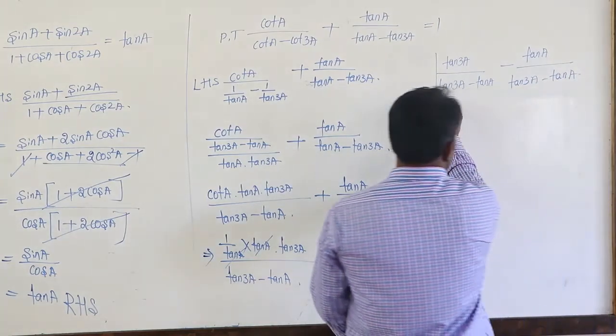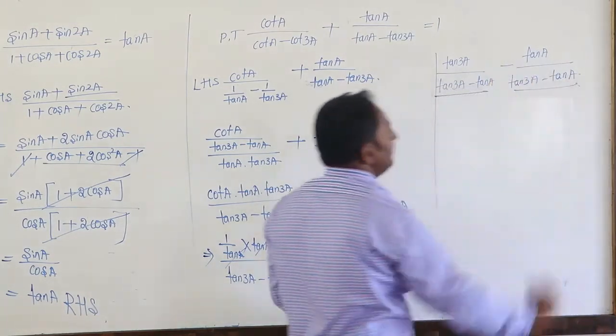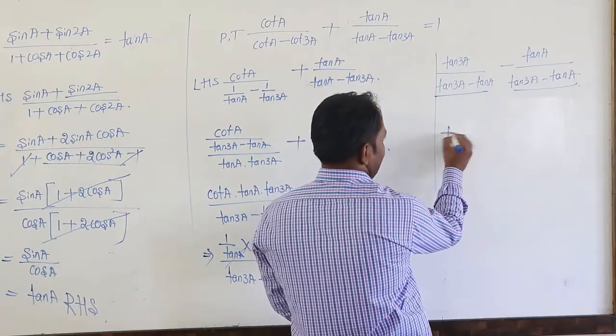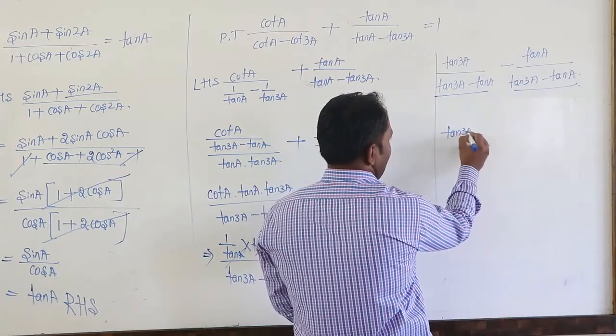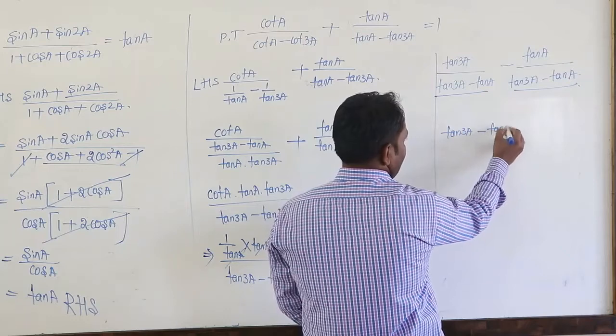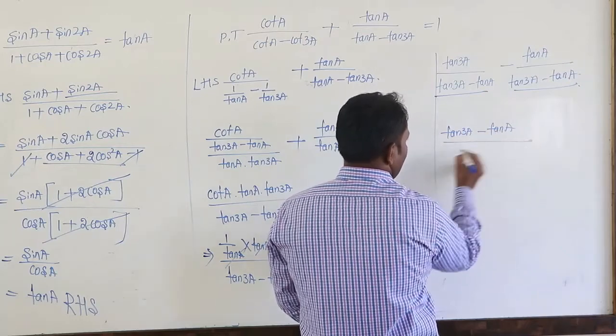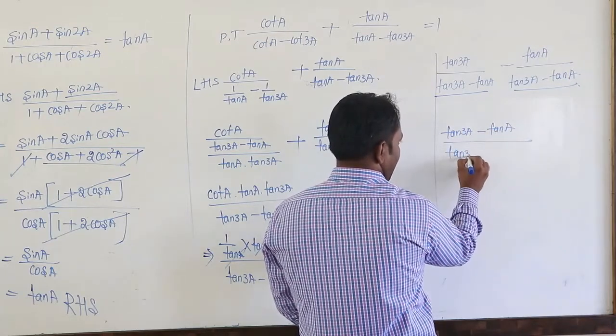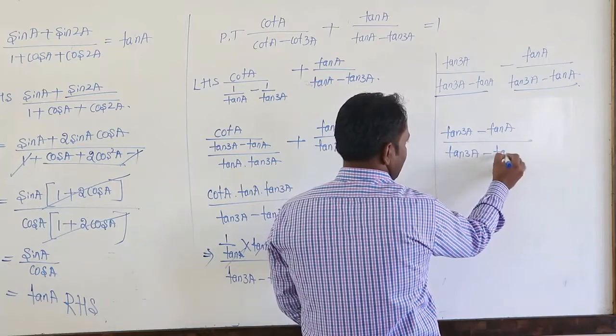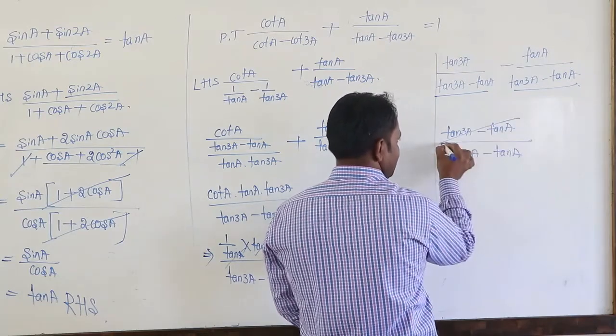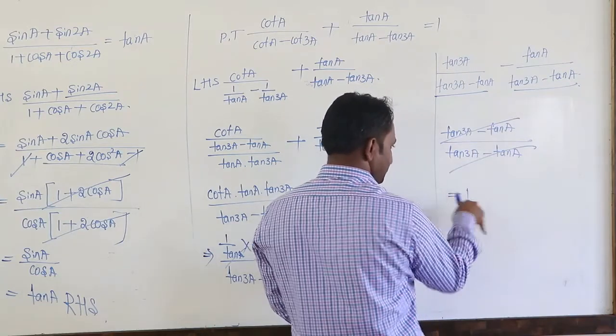LCM base is same, then the upper side is added. (Tan 3a minus tan a) divided by (tan 3a minus tan a) cancel. We get the result as 1.